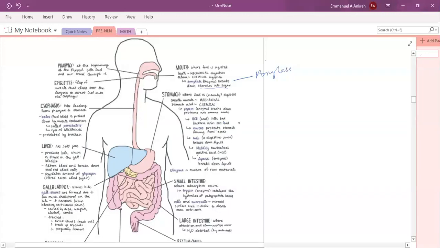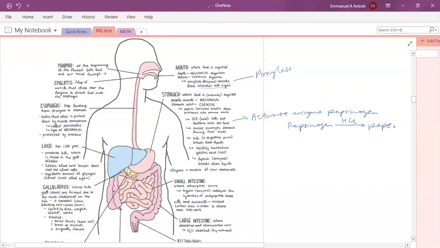Another function of the acid is to activate the enzyme called pepsinogen. Pepsinogen is an inactive form. When acid, HCl, is present, it becomes what we call pepsin.